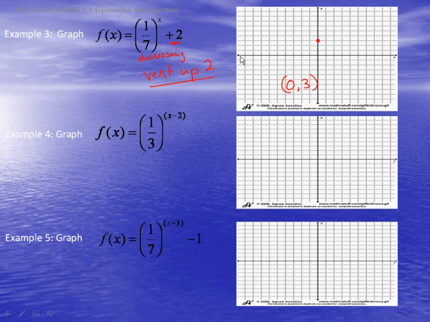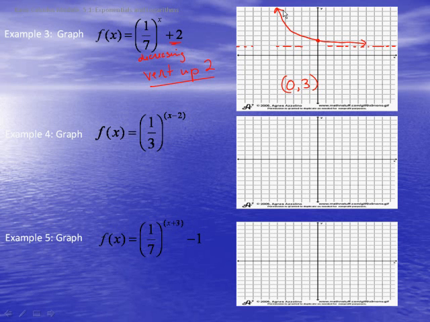And notice that it used to have a horizontal asymptote at the x-axis. Now it's moved up 2. So the horizontal asymptote, or the imaginary line, is there, and this one is going to decrease. So it comes just like that, and we have graphed it.